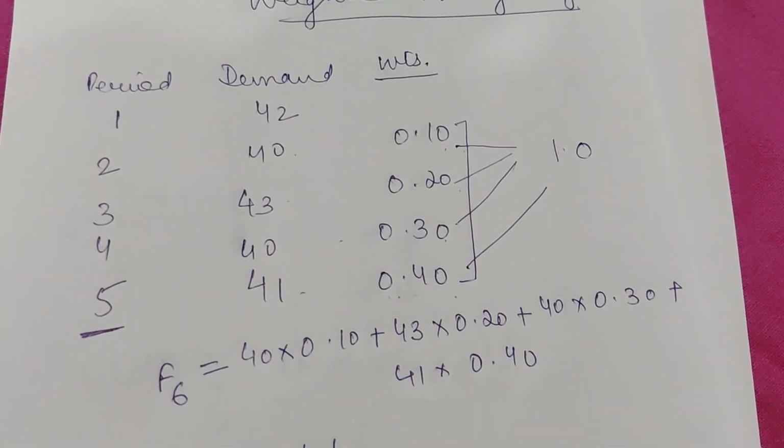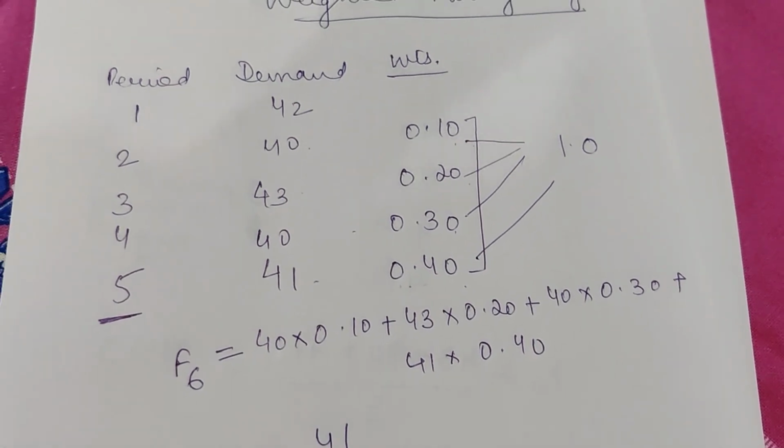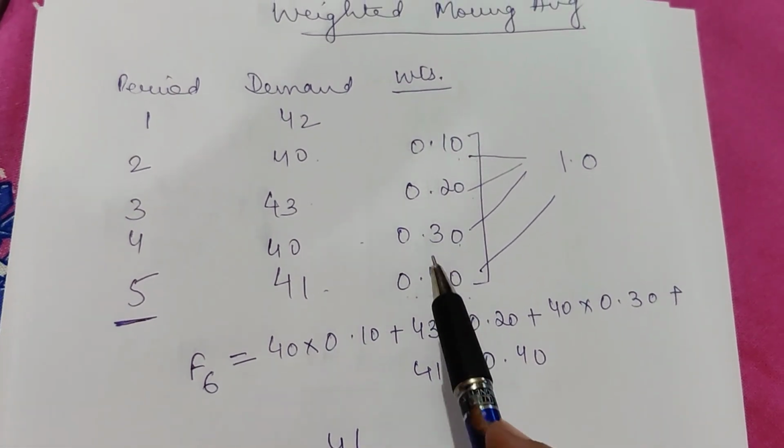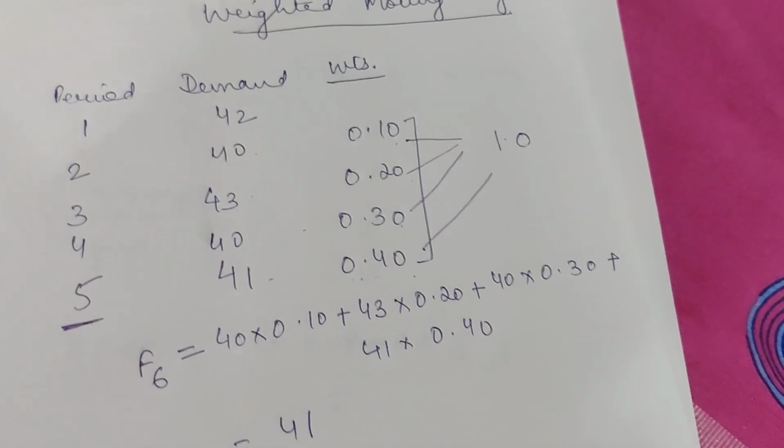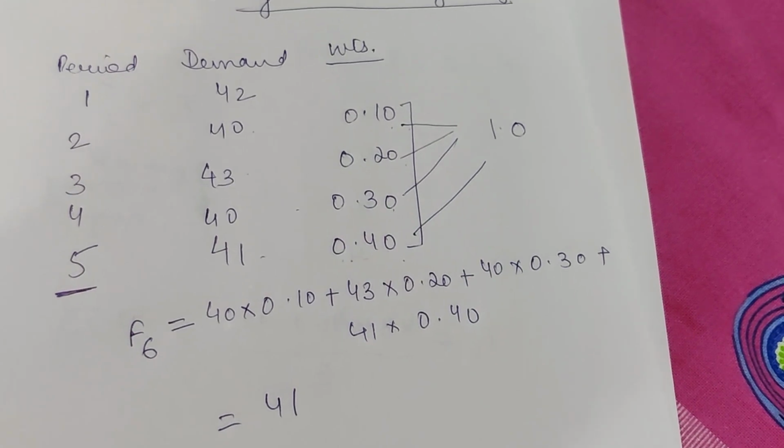So this is the weighted moving average method, in which you have been given the weight of the most recent periods, and then you need to calculate the forecast value of the next period.